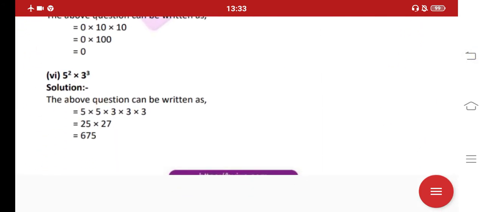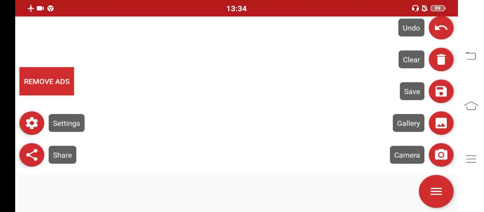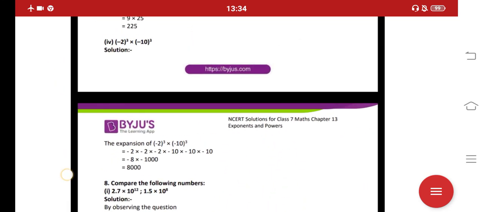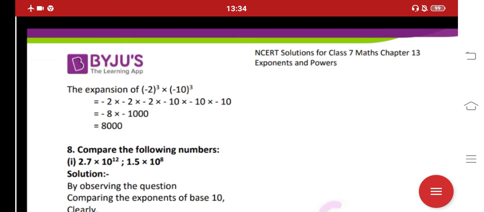Now let us see what is given in question number 8. Okay. Let me show you what is given. Here a minus power is also given. Let me explain this also. Here it is written minus 2 to the power 3 and minus 10 to the power 3.